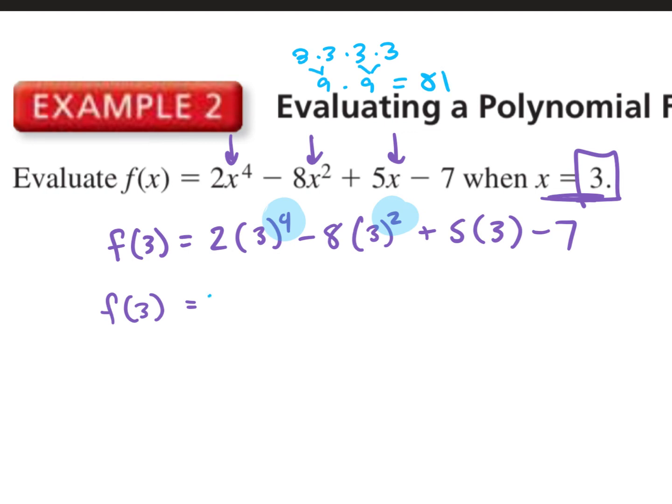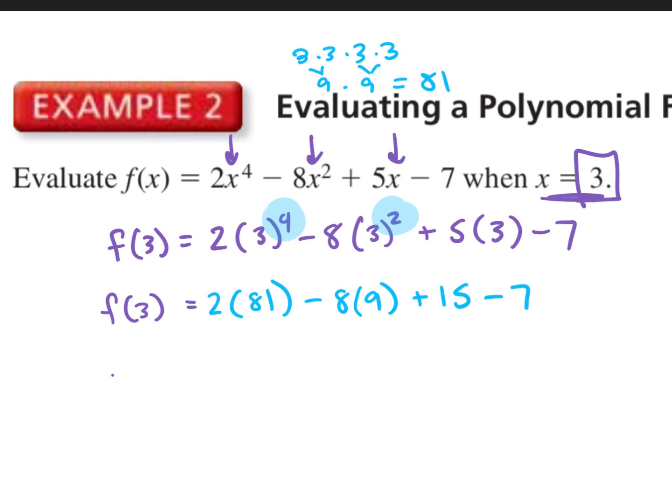Perfect. So 2 times 81 minus, what is 3 squared? 9. Yes. And then I have 5 times 3, which is 15, minus 7.